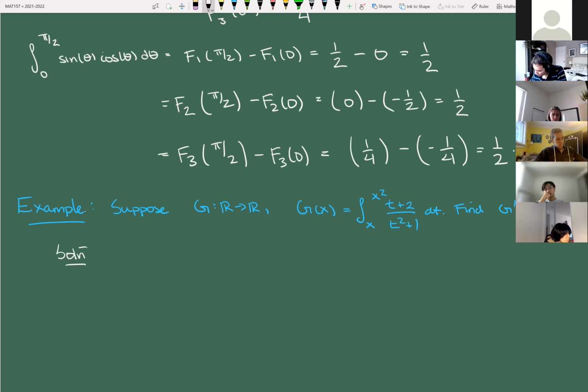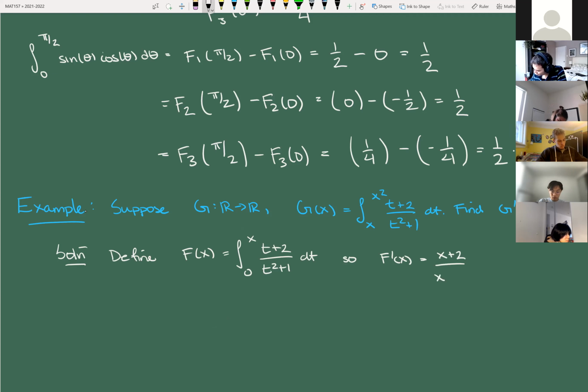What I'm going to do is define this function, capital F of x, and I'm just going to choose a lower point arbitrarily. It doesn't matter. Now by FTC1, we know what the derivative of this function is. It's (x plus 2) all over (x squared plus 1). So that's what FTC1 tells us.